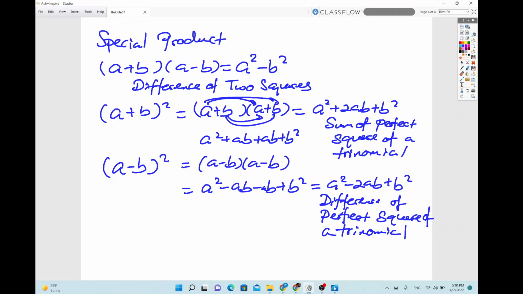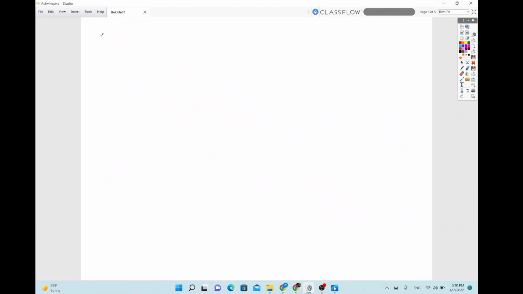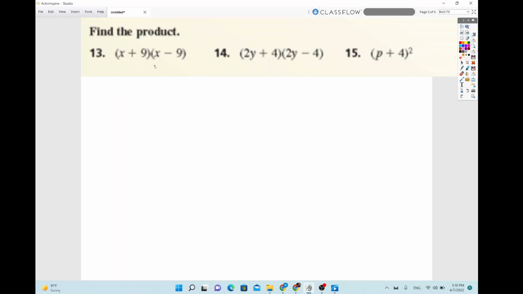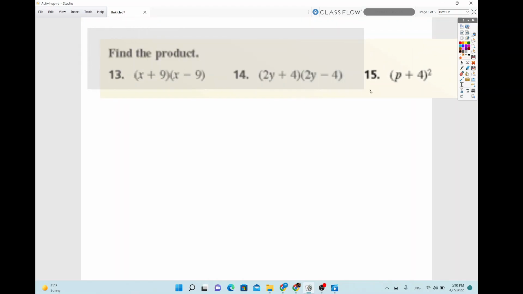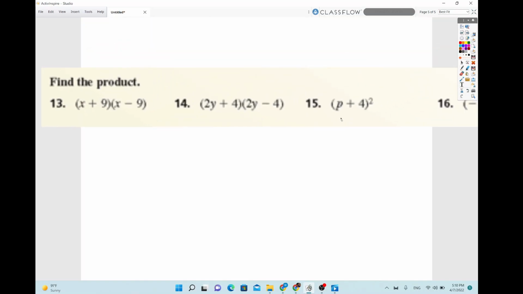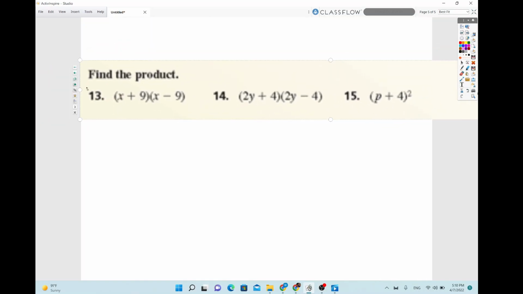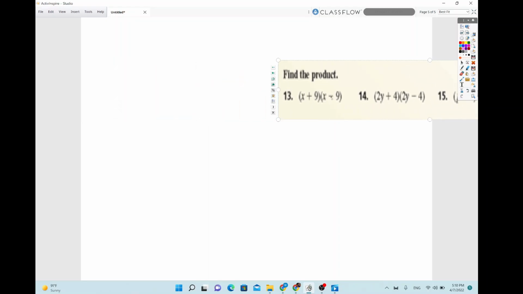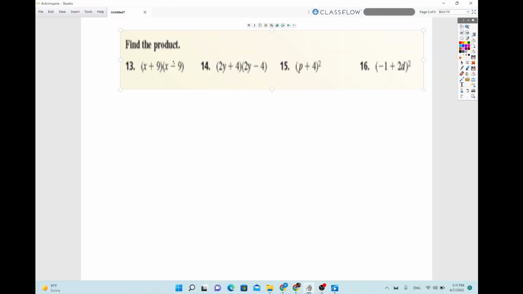Alright, so now let's look at the examples, the ones that I just highlighted. Using those patterns, we can find the product of each one of these algebraic expressions. Okay, so let's start with 13.